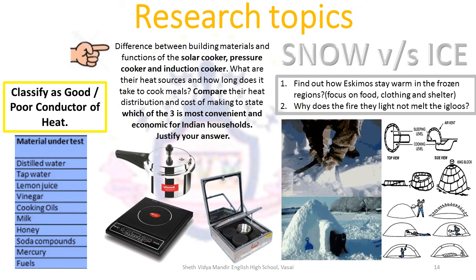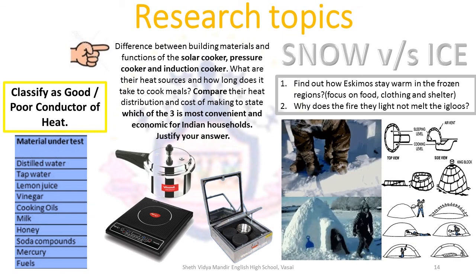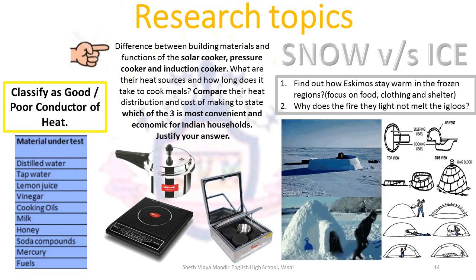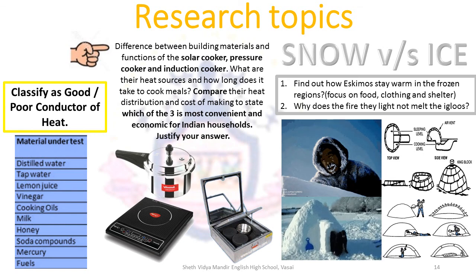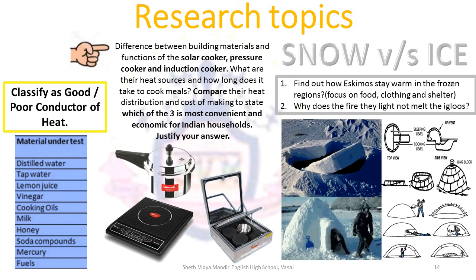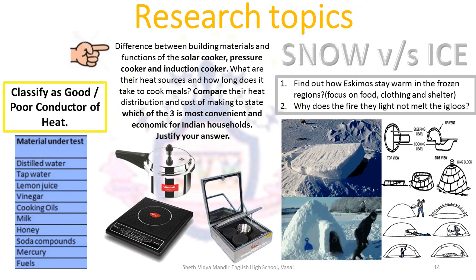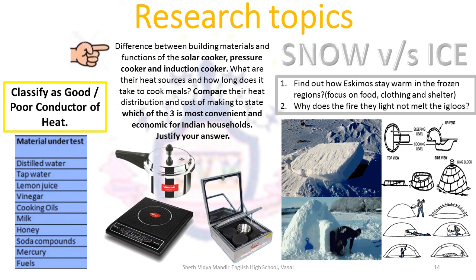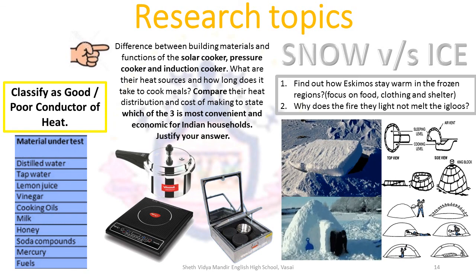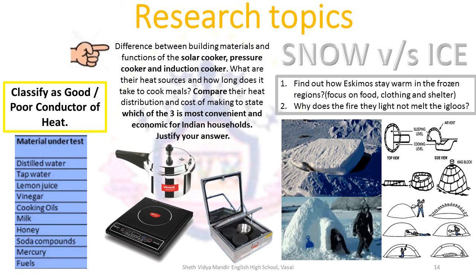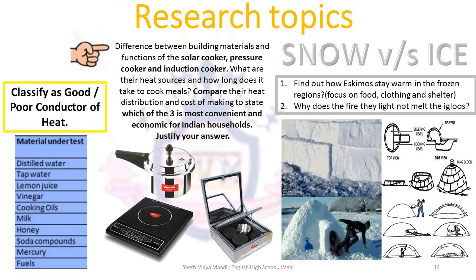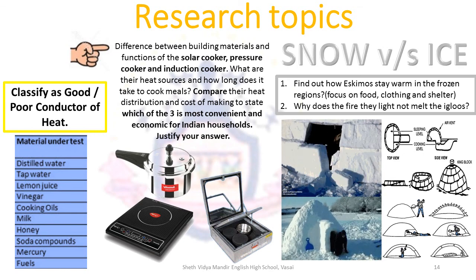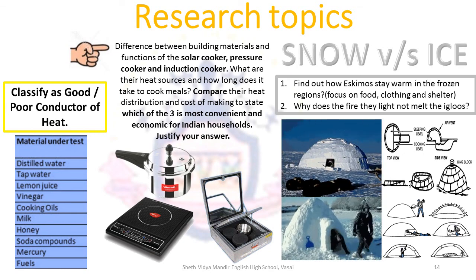Another thing that you will research is the difference between snow and ice. Then you will find out a few things about how Eskimos stay warm in the winter regions. You will focus on the food that they eat to keep warm, the clothing that they wear, the shelter that they make, and why the fire that they light in the igloos does not melt the igloos.